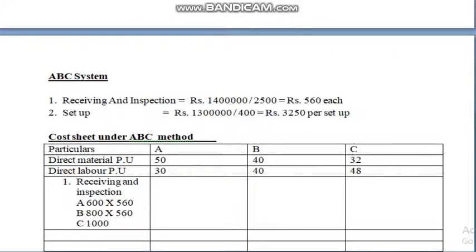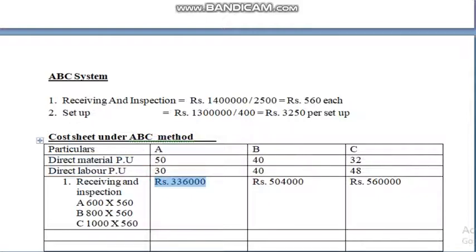For product A, 600 multiplied by 560 will be rupees 3,36,000, and for product B, rupees 5,04,000, and for product C, rupees 5,60,000.